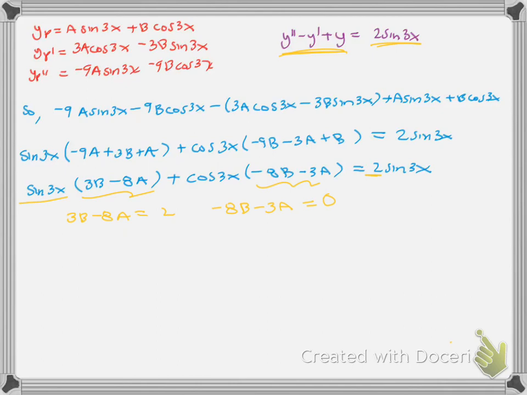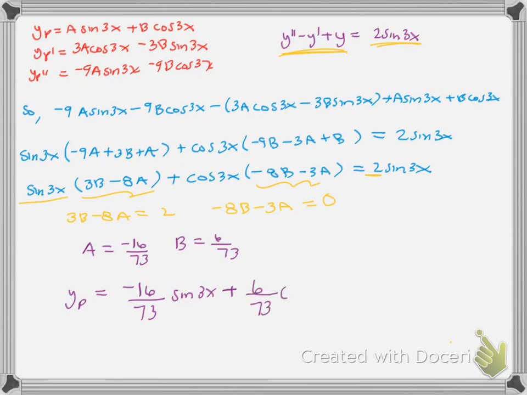Okay? And then from there, you go ahead and solve. And so you should end up with a giving you negative 16 over 73, and b will give you 6 over 73. And so your particular solution, because that's what this question asks for, is negative 16 73rds sine 3x plus 6 73rds cosine 3x.